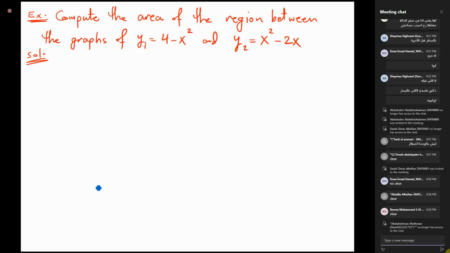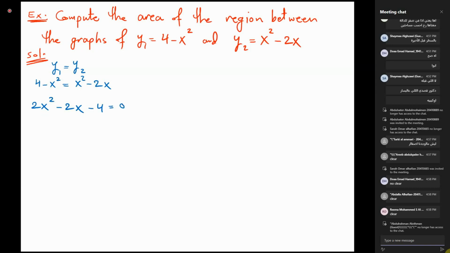Okay, now, firstly put y1 equal y2. If we have two curves, we don't find the zero, we find the intersection between two curves. So we have 4 minus x square equal x square minus 2x. Now move the x square, we have 2x square minus 2x, and move the 4, minus 4 equal 0.